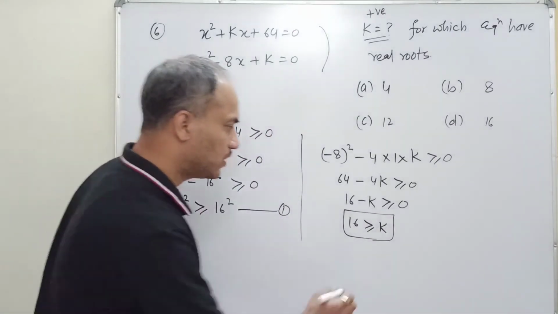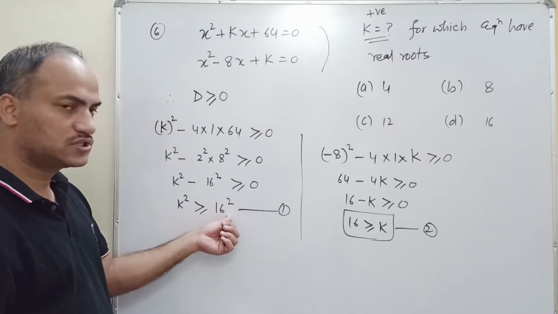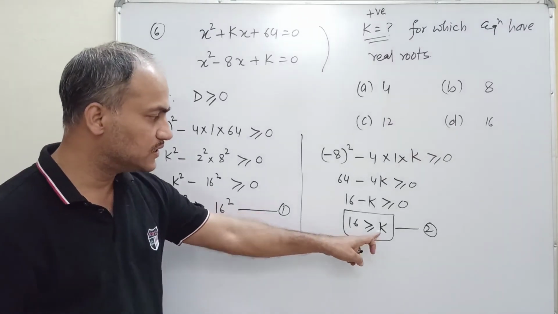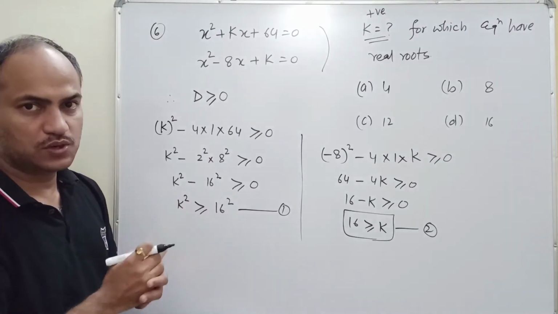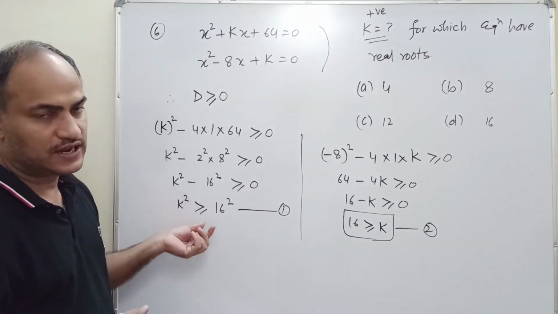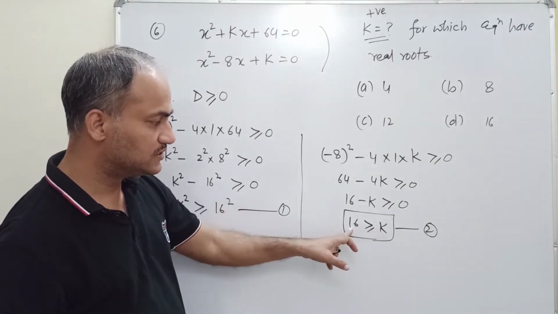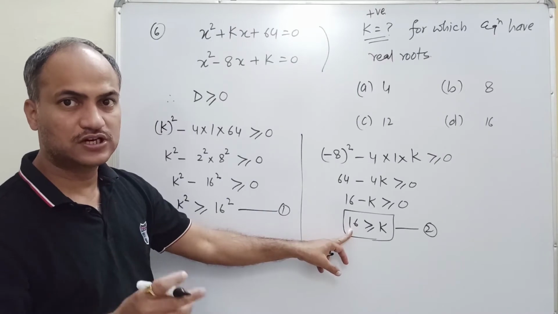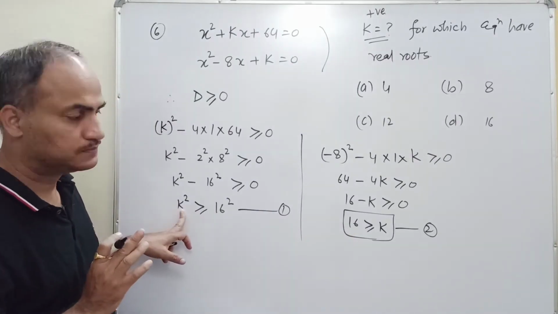Now look at these two conditions. Here k square is greater than or equal to 16 square, and here k is less than or equal to 16. So if we have to combine these two inequalities, then what can we get? See, whenever k is less than 16, like 15, 14, 13, any such value, then k square will never be greater than 16 square.